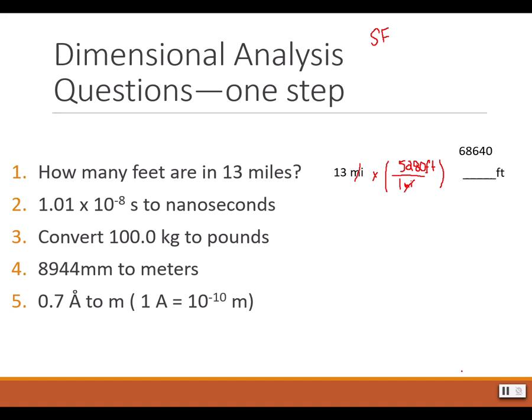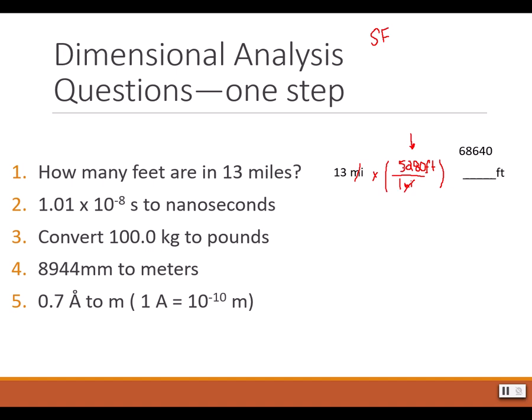You should also remember that in conversion factors, like the 5,280 feet, or with the SI prefixes, all conversion factors have an infinite number of sig figs. So you can think about that 1 mile as being exactly 1.00000, infinite number of sig figs.